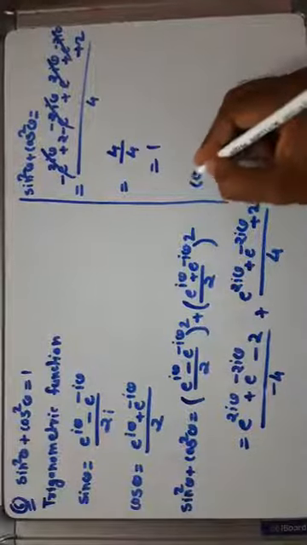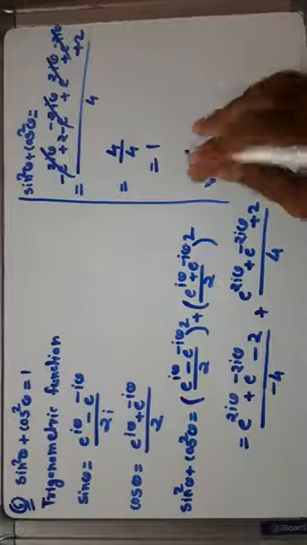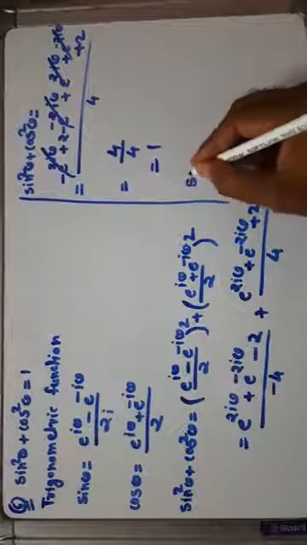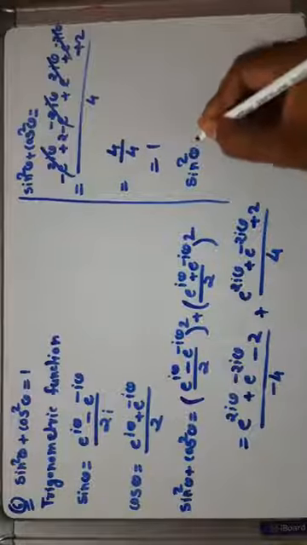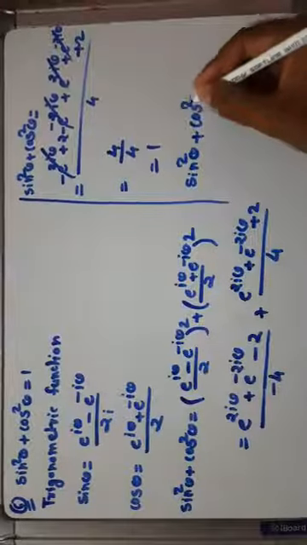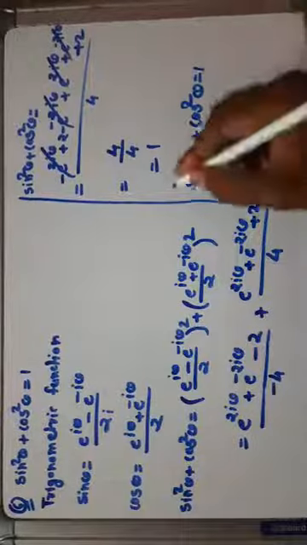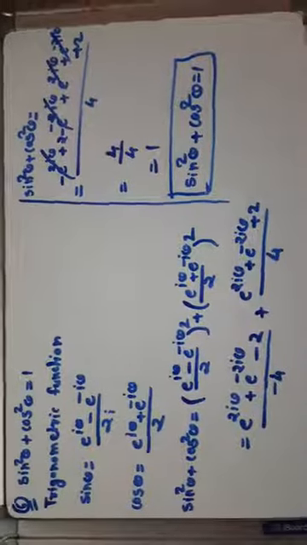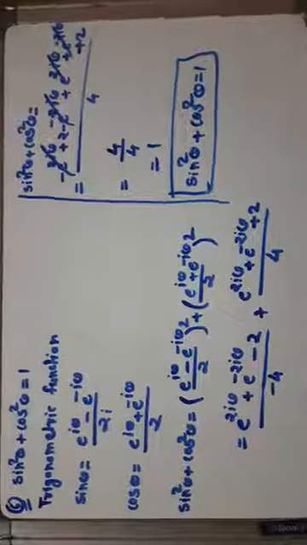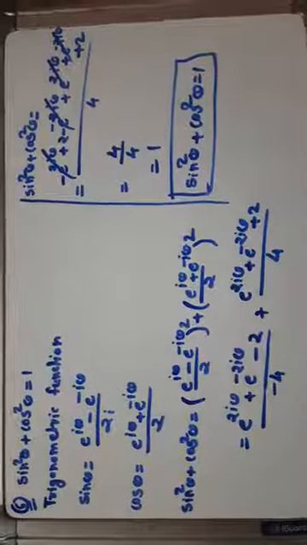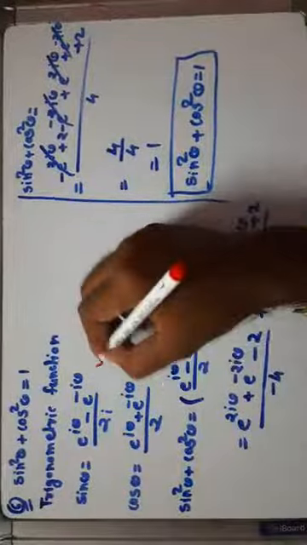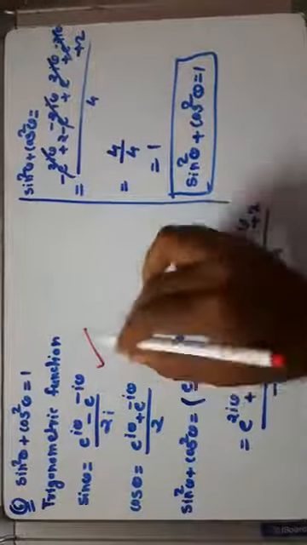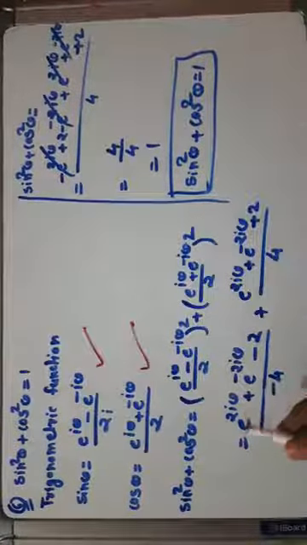That means sin square theta plus cos square theta is equal to 1, and hence proof. Very simple property this. Here we use the trigonometric functions, sin theta is equal to this one, cos theta is equal to this one.